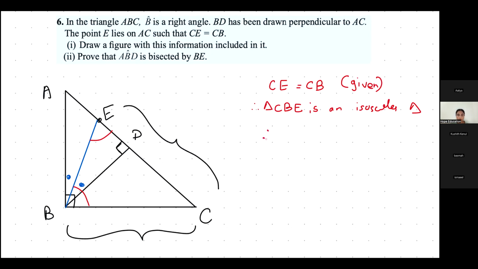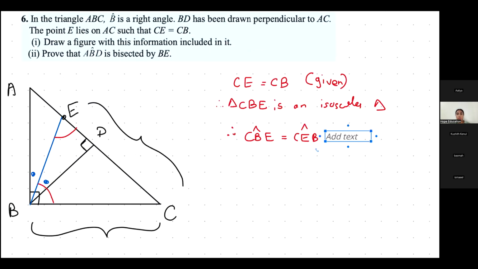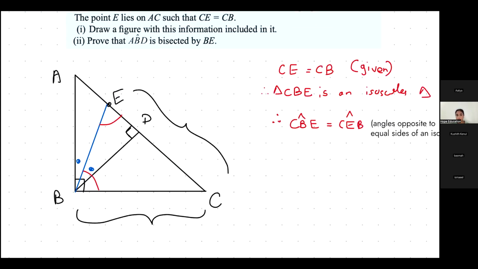I don't yet know where this leads, I'll just write whatever I see. Angle CBE equals angle CEB, angles opposite to equal sides of an isosceles triangle. Okay, I wrote that, right?